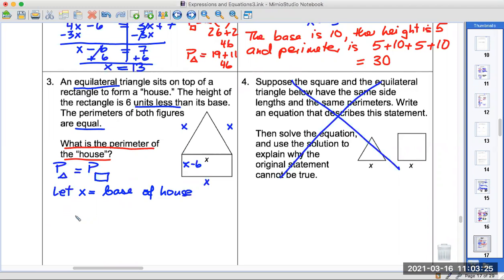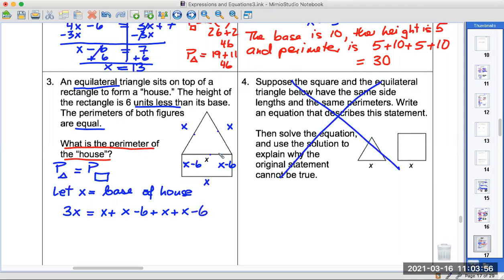Here's the equation. Perimeter of the triangle is x plus x plus x, which is equal to the perimeter of the house, the rectangle: x plus x minus 6 plus x minus 6.